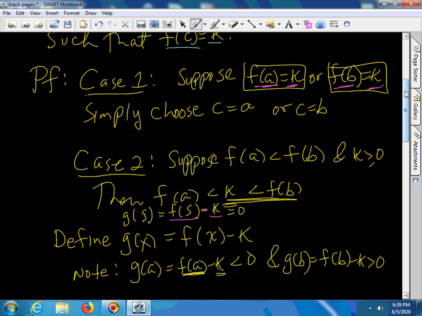When you subtract two quantities and the difference is 0, that's because the two quantities are equal. So it's okay to find out where g of x is equal to 0.